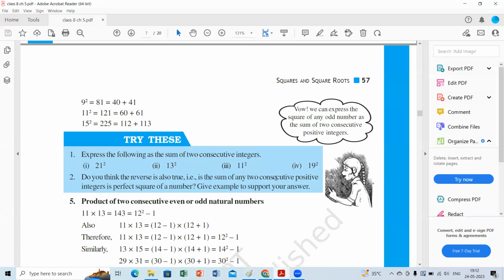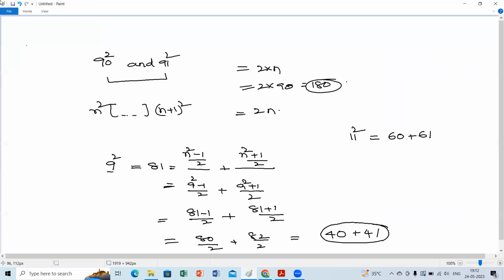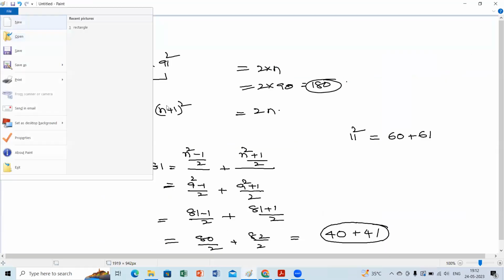Coming to this case, you can go with either odd or even. The product of two consecutive even or odd natural numbers can be expressed as a square number minus one. Take 19 multiplied with the next consecutive odd number, 21.